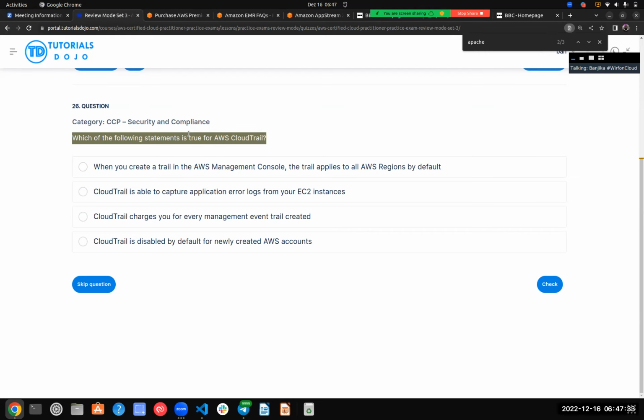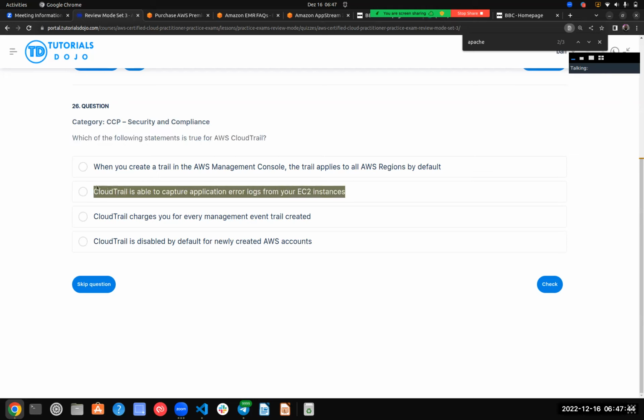If not, it means you still need to go and review CloudTrail a bit. B: application errors, logs for your EC2 instances is CloudTrail. Okay, anyone? Any thoughts?